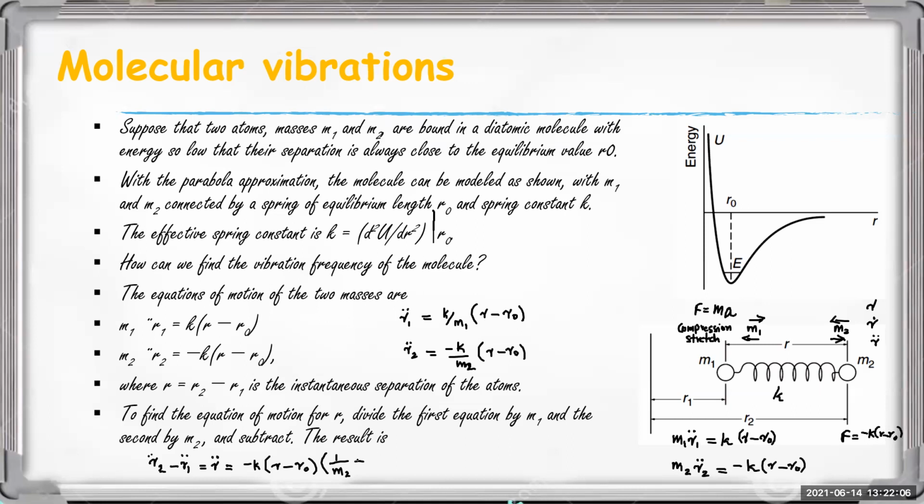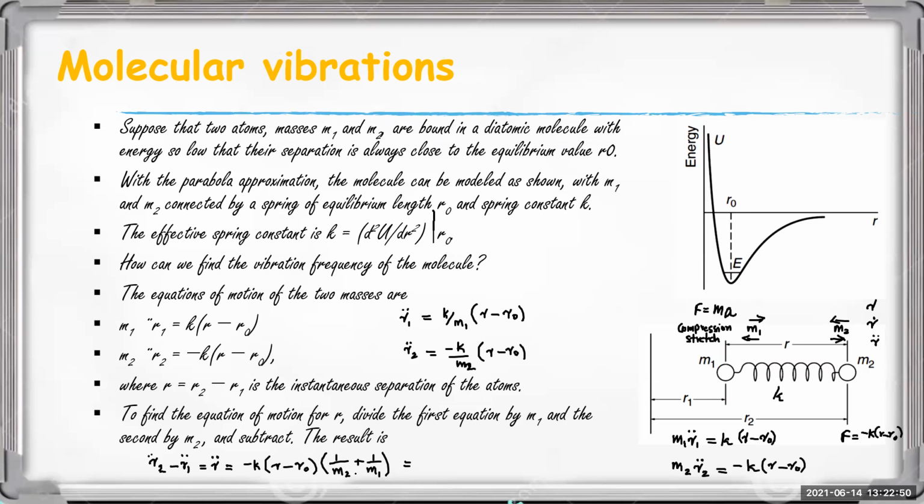Okay, then here, we have already taken that quantity k into r minus r0 outside. So it is actually 1 by m1 plus 1 by m2. Okay, so we take this bracketed term in terms of mu.